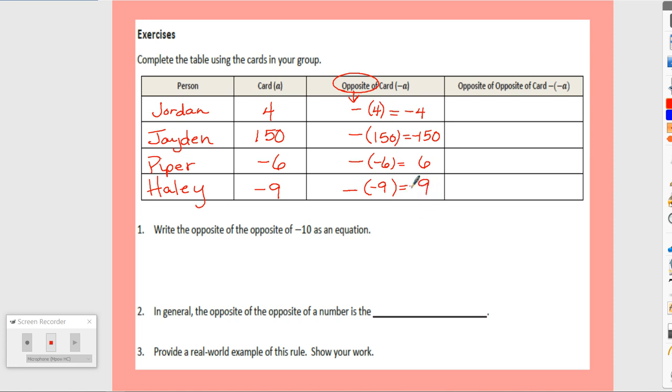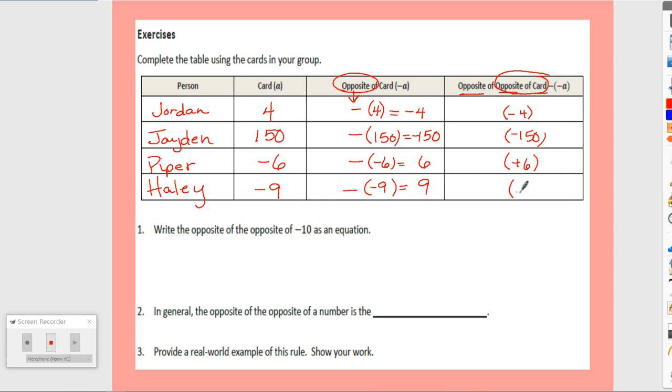So now let's take a look and say, well, what's the opposite of the card? So I'm going to start with the card again. So here was the opposite card. So we have a -4. We have a -150. We have a +6.